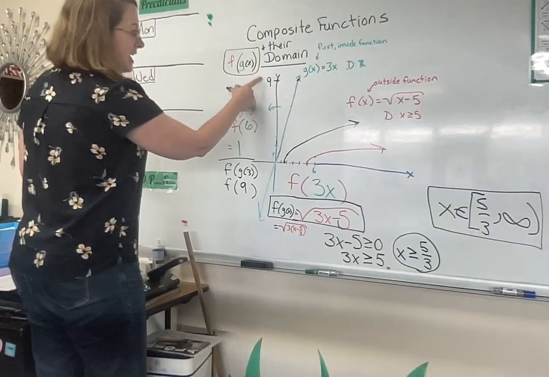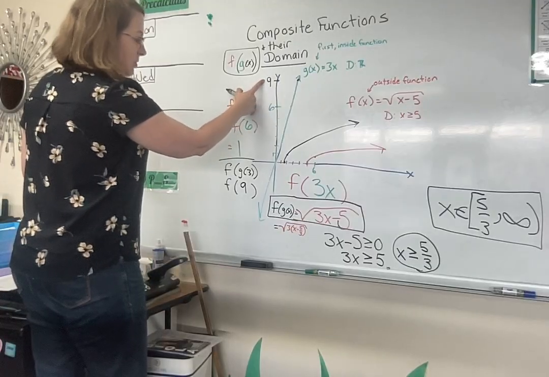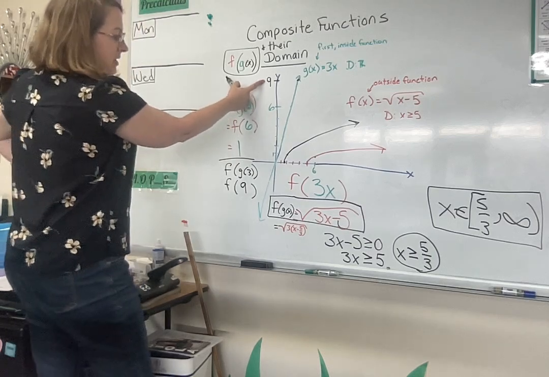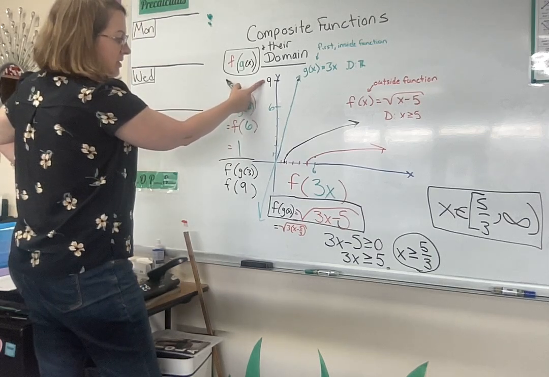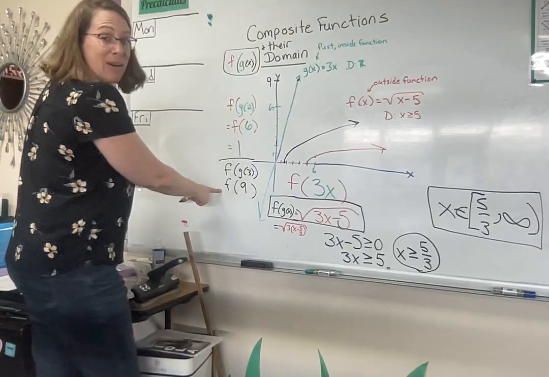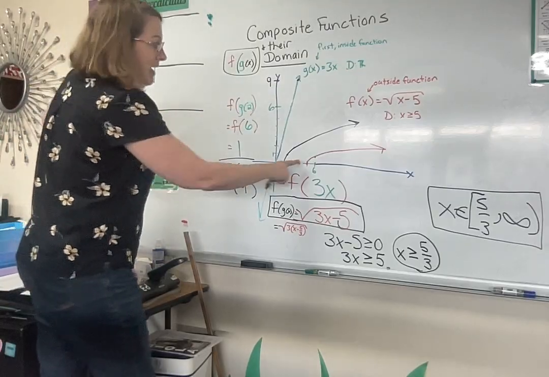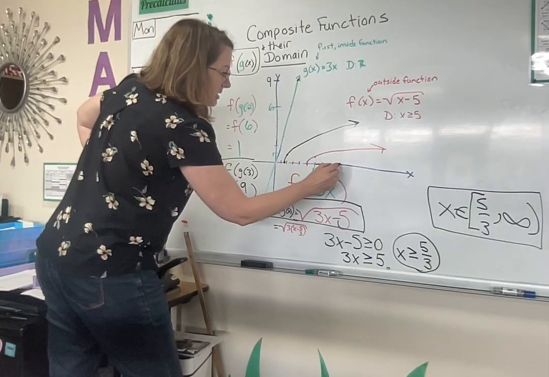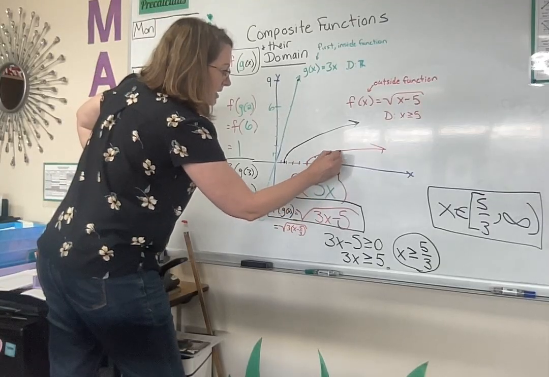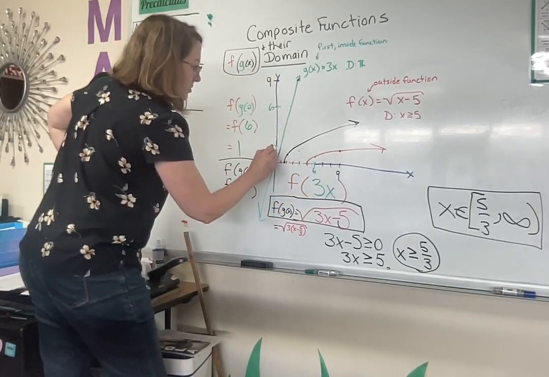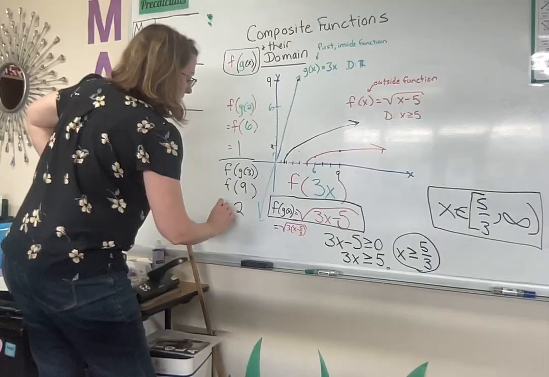Now I'm going to take 9 and plug that into my f function, and my f function is this red one here. So there's 6, here's 7, 8, 9. And when I plug 9 in, my output is 2. So my final answer is 2.